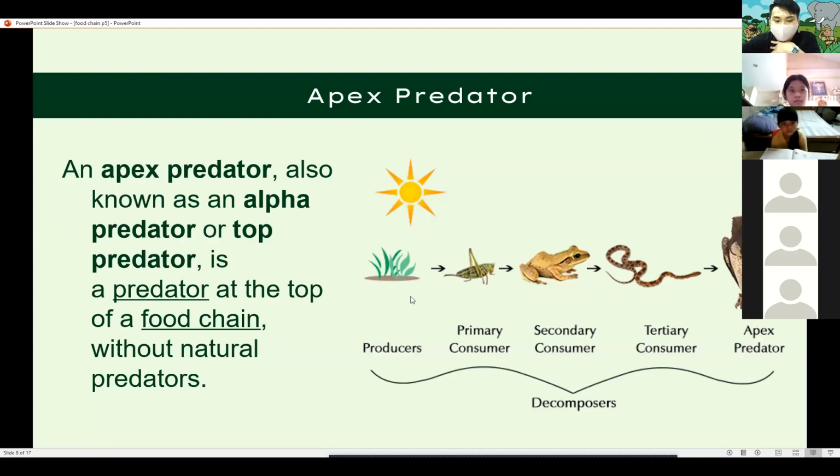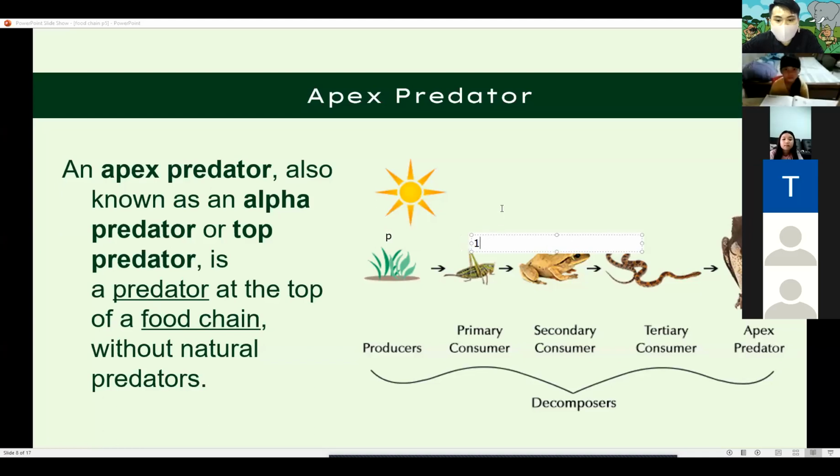So if you look at this picture, this one is the producer, right? This one is the primary consumer, secondary consumer, third or tertiary consumer, and then lastly is the alpha.